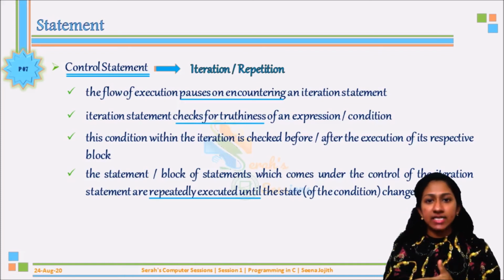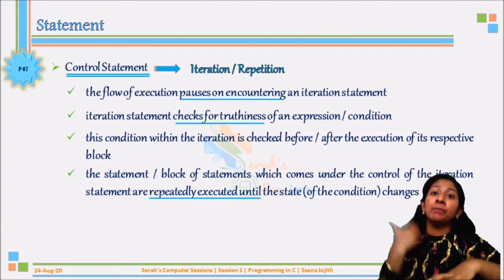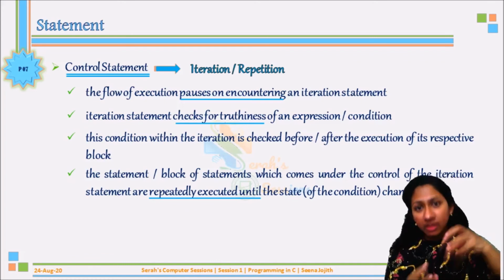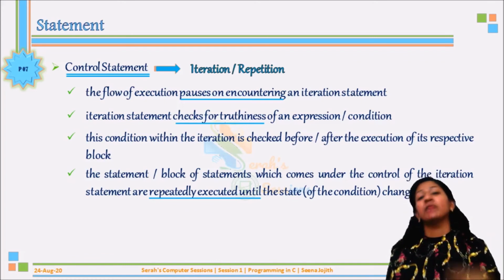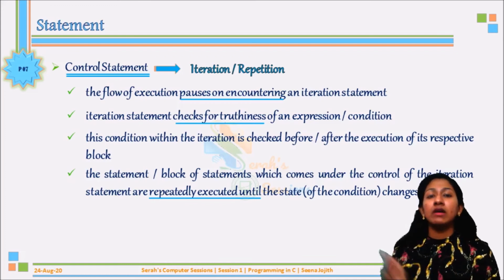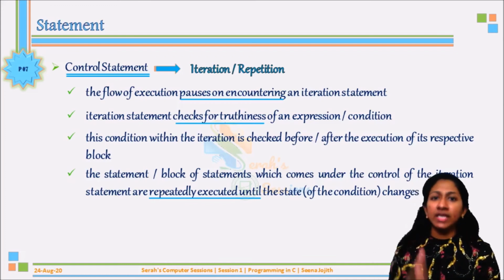In a selection statement, the condition is always checked before the execution of the block of statements that comes within the selection statement. But in one particular kind of repetition statement, the condition is checked after the execution of the block of statements. But don't take that into account now.